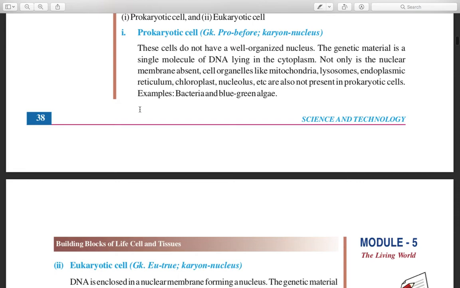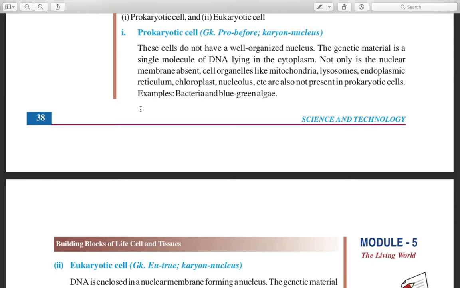The first point is that prokaryotic cells do not have a well organized nucleus. Eukaryotic cells will have a proper nucleus, but prokaryotic cells will not. The genetic material is a single molecule of DNA. As I said, it lies in the cytoplasm, not in the nucleus.